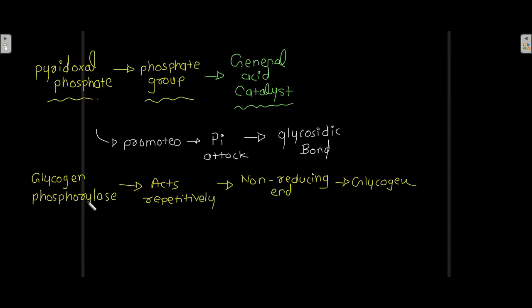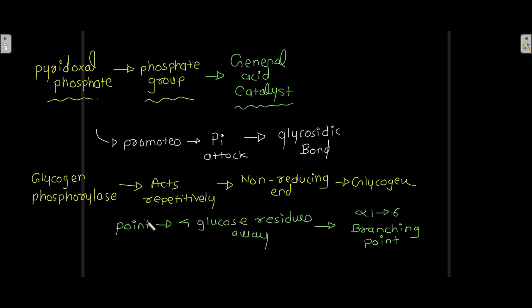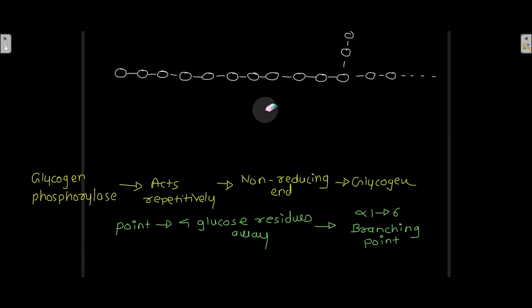Now this glycogen phosphorylase enzyme acts repetitively on the non-reducing end of the glycogen, and it acts repetitively until the point where it is only 4 residues away from the alpha 1,6 branching point. So consider this is your glycogen molecule.